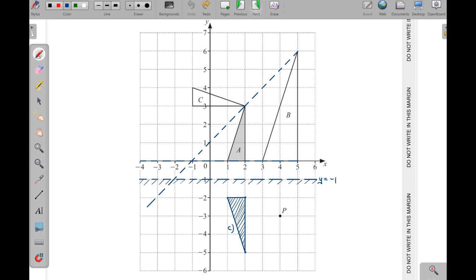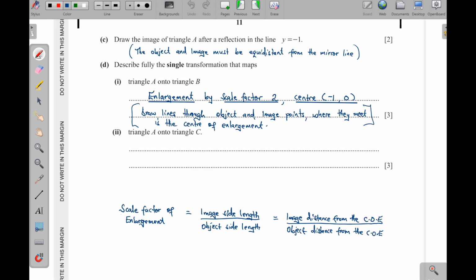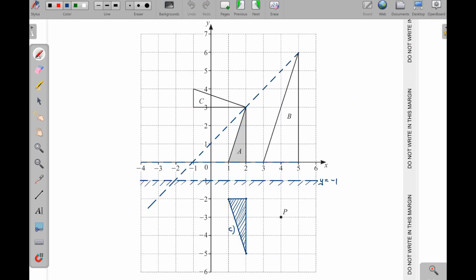Then the other one, I said that how you can find a scale factor of enlargement. We have image distance from the center of enlargement over object distance from the center of enlargement. You can come here and say, if this is the point I'm referring to here, and this is the image point.